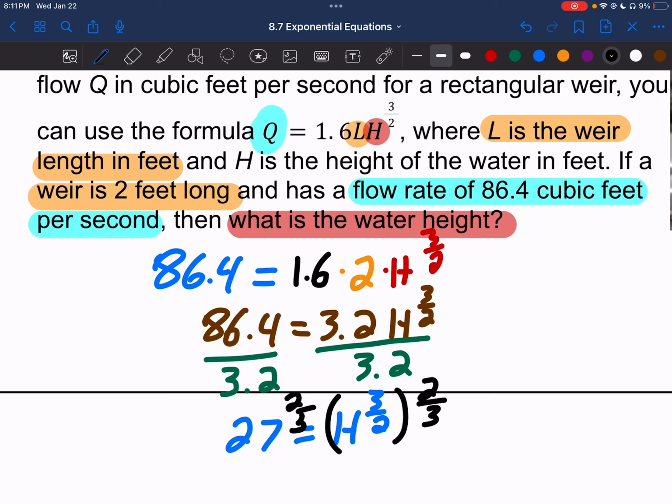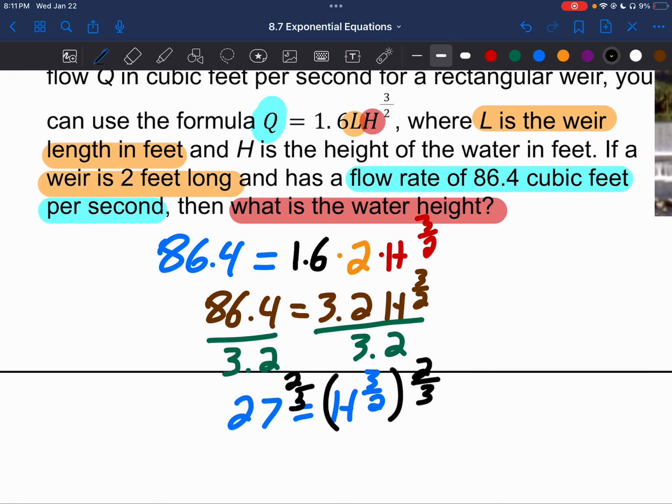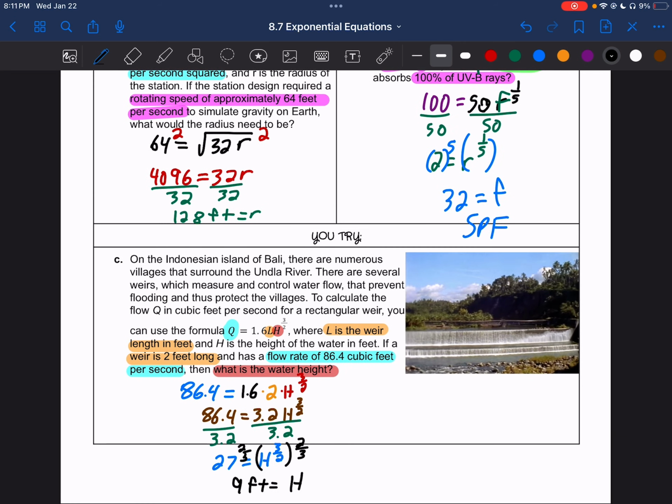When we do that, you're going to just use your calculator on that. We get 9 feet is equal to our H. So the height of this weir in the Undla River in Bali, Indonesia, is going to be 9 feet tall and 2 feet long. So not very wide, but it is somewhat substantially tall.